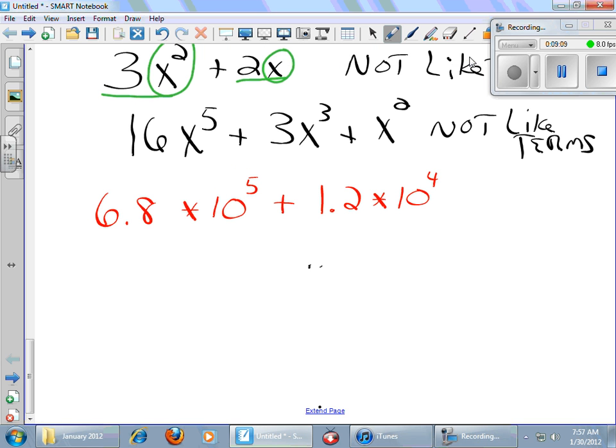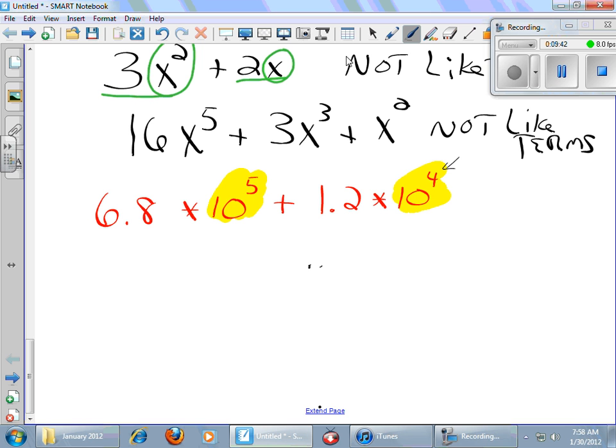This one is 10 to the 5th, but this one is 10 to the 4th. And remember earlier in the video I mentioned those are just like variables. They're not variables, but they behave like variables. We can't put them together as is because they're not like terms. But the cool thing about scientific notation is we can make them like terms. For example, if this 4 was a 5, then I would have like terms.